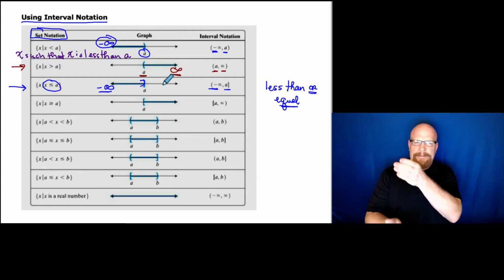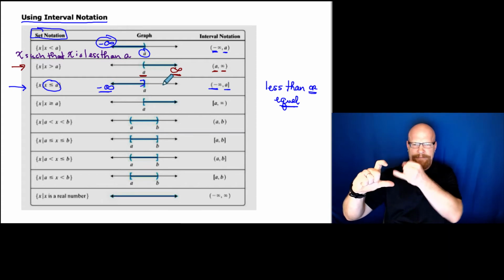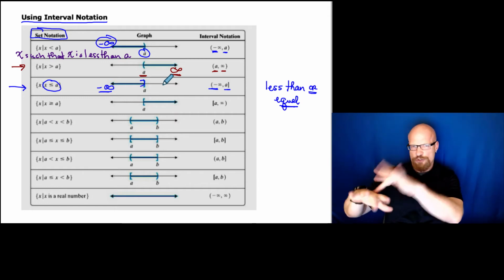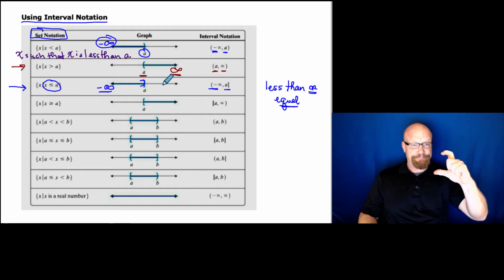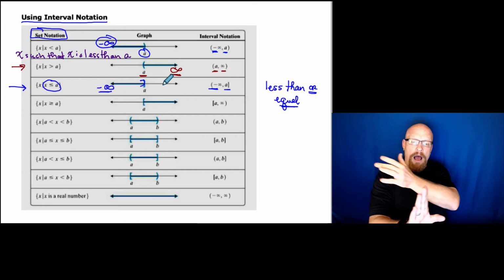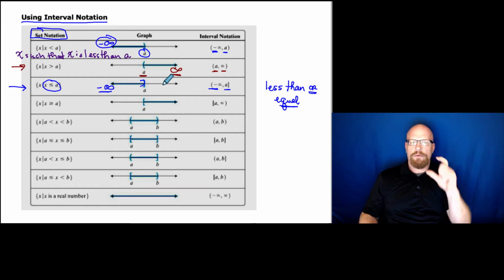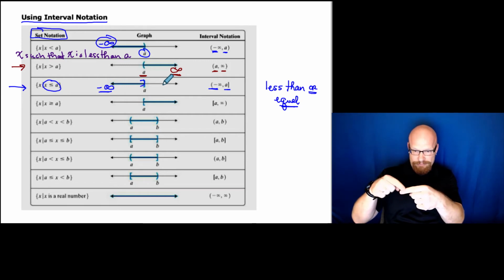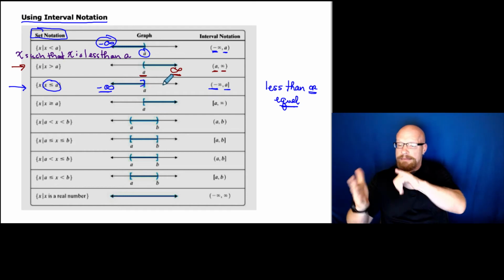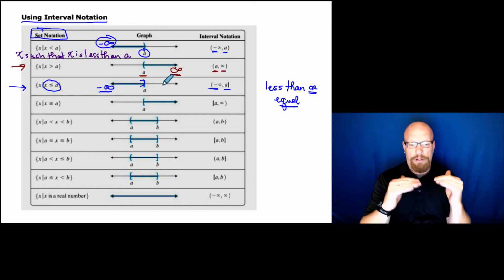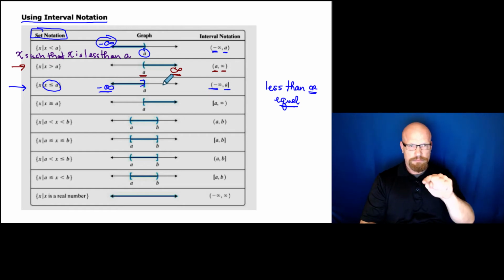So negative infinity never has a square bracket, as I said before. You cannot touch infinity. And then we have a, and then close bracket, meaning a is included. The equal sign is what tells us to use the square bracket.